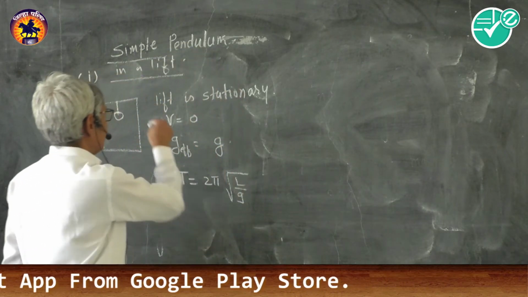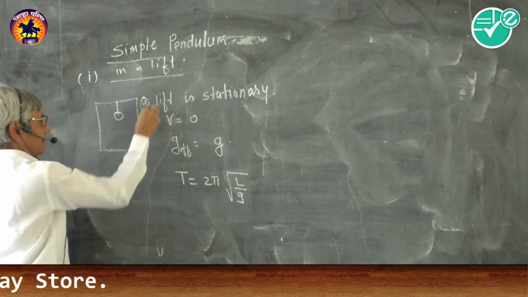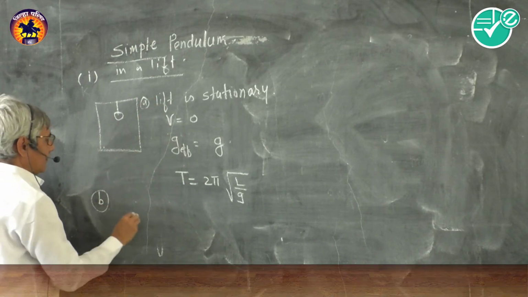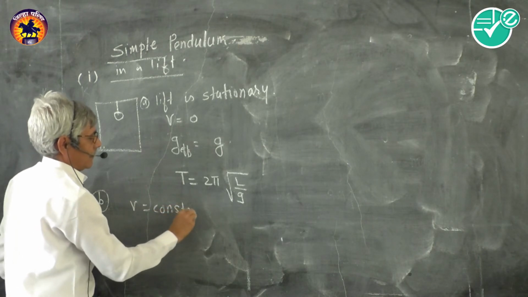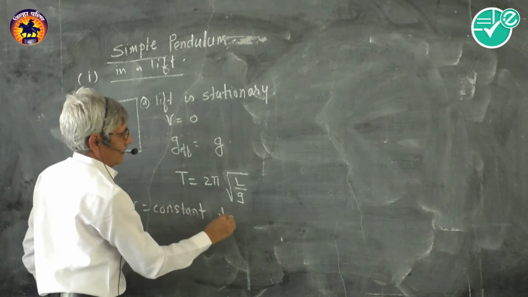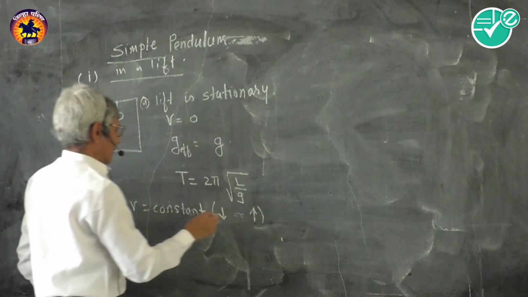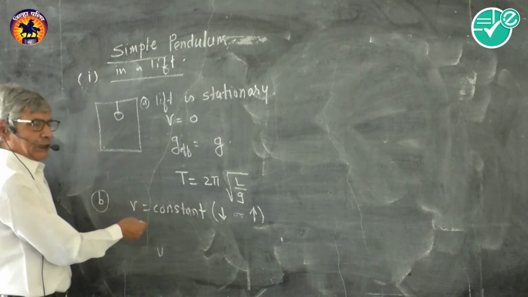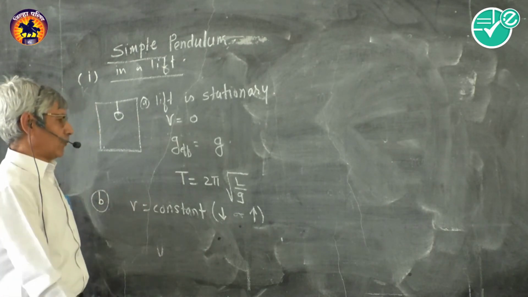Now suppose that the lift is moving with constant velocity, either in the upward direction or in the downward direction.